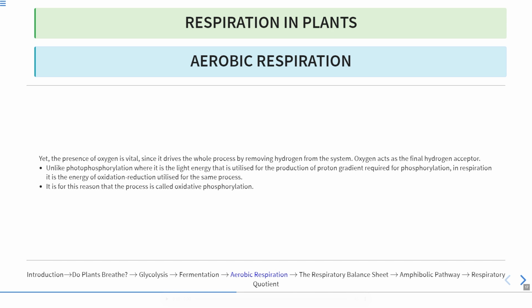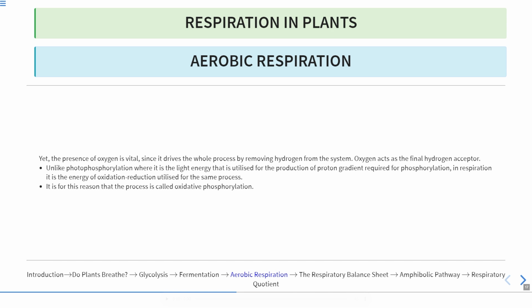Unlike photophosphorylation, where it is light energy that is utilized for the production of the proton gradient required for the phosphorylation, in respiration it is the energy of oxidation reduction that is utilized for the same process. If you compare with photophosphorylation, that is the light reaction, what is the driving force for the synthesis of ATP?